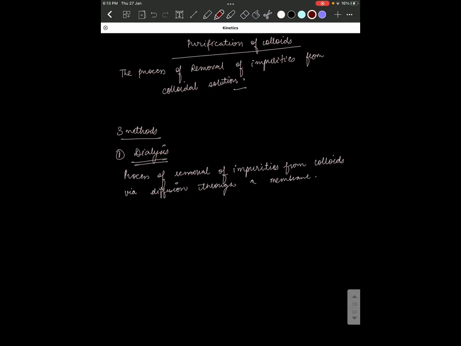Here it is the process of removal of impurities from the colloidal solution via diffusion through a membrane.